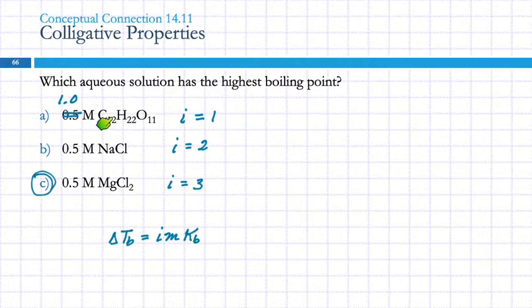Well, that's 1 particle and a concentration of 1. This is 2 particles and a concentration of 0.5. So these should have the same effect, right? But this one's still bigger. Okay.